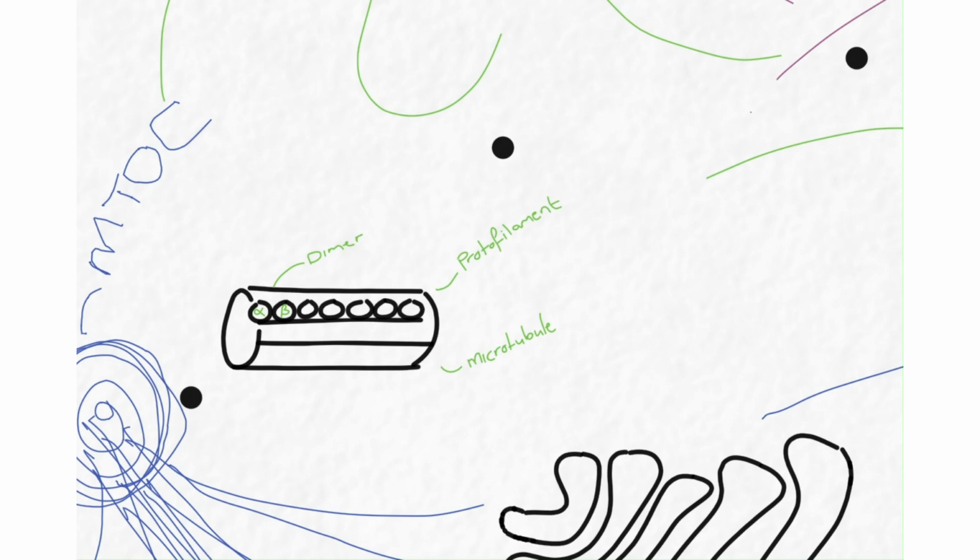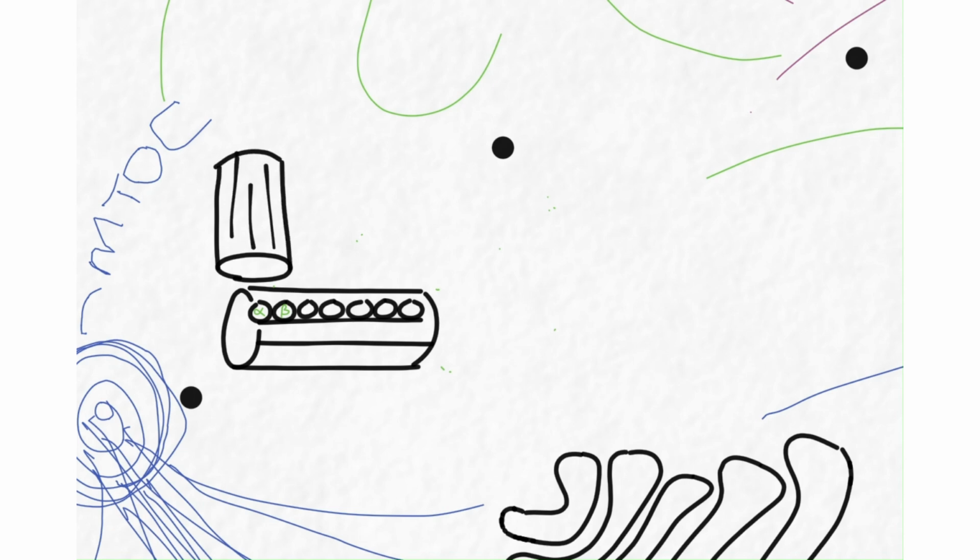One of these tasks includes aiding in the movement of cilia and flagella. MTOCs are located at the base of the cilia or flagella, and here are known as basal bodies. Another well-known example of an MTOC is the centrosome, which is located right outside the nucleus.